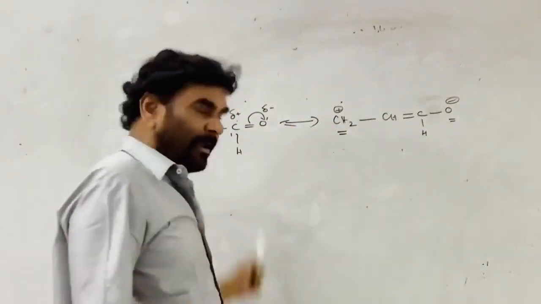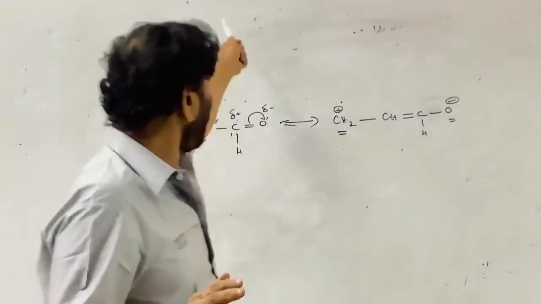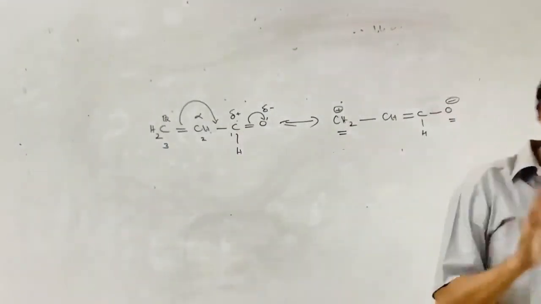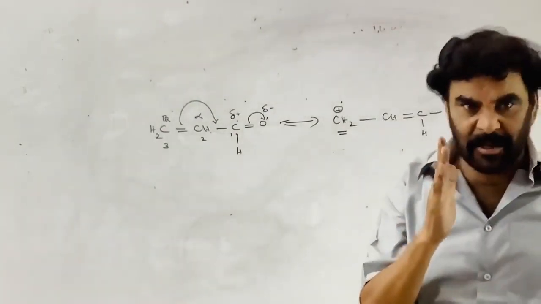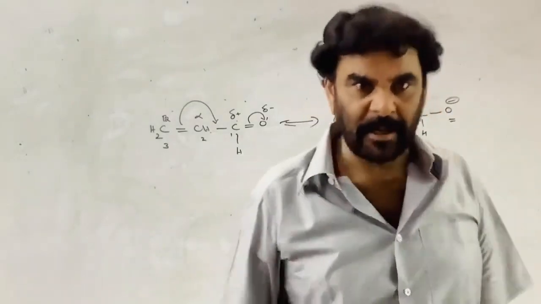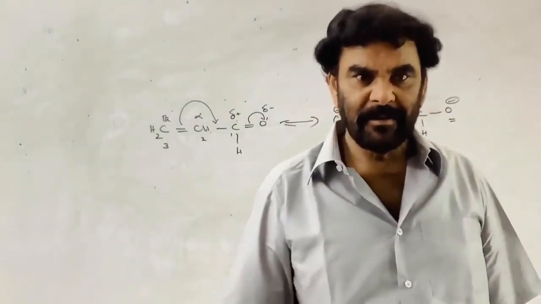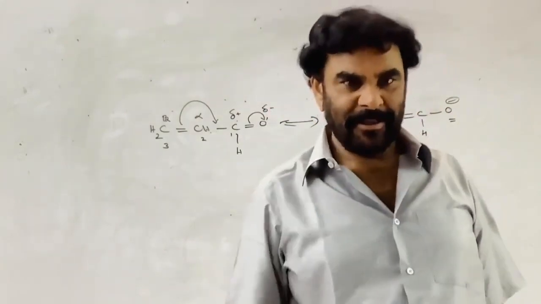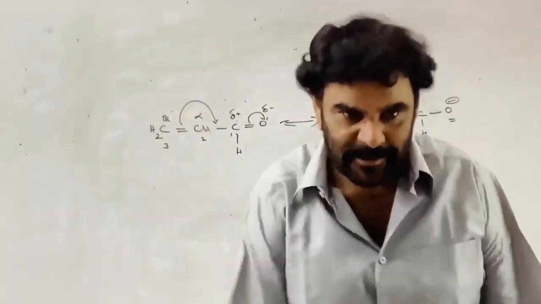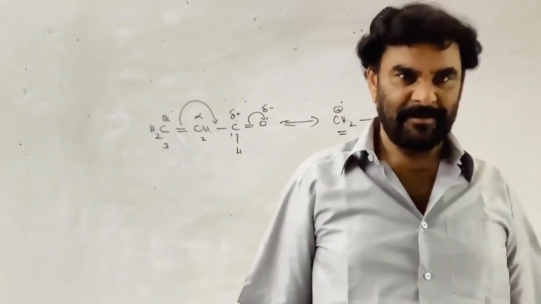In this molecule, the alpha beta unsaturated carbonyl compound, there are two electrophilic centers. The electrophilic center is not where electrons go and attack, but where the nucleophile goes and attacks. The center which takes the electrons is the electrophilic center.